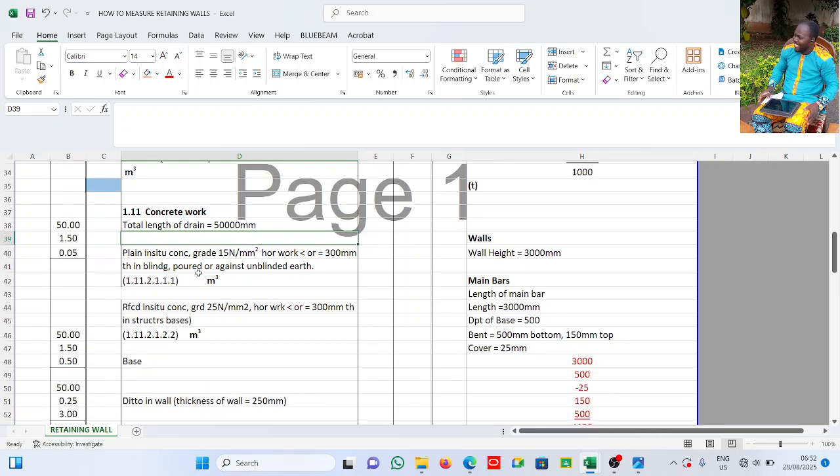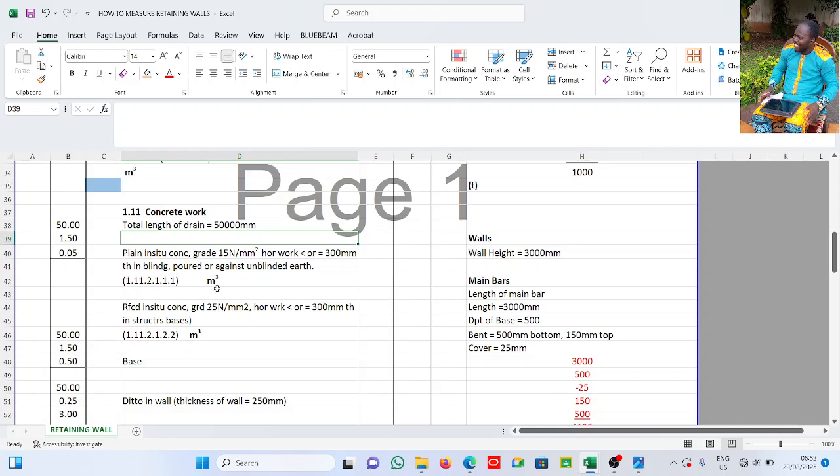All right, now first is the blinding. Of course, you have to blind before you place your reinforcement, and then you can do the base. All right, so plain in situ concrete grade 15, or sometimes grade 10. Horizontal work less than or equal to 300 mm thick in blinding poured against unblinded earth.